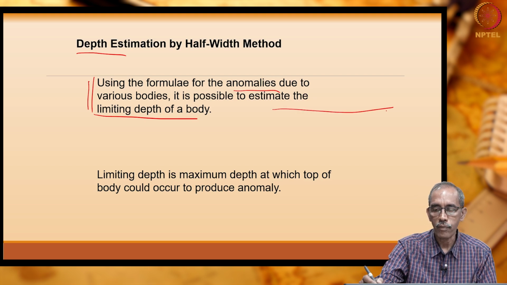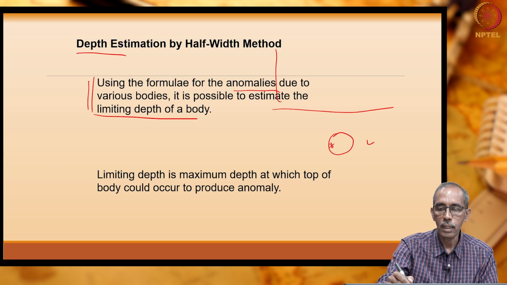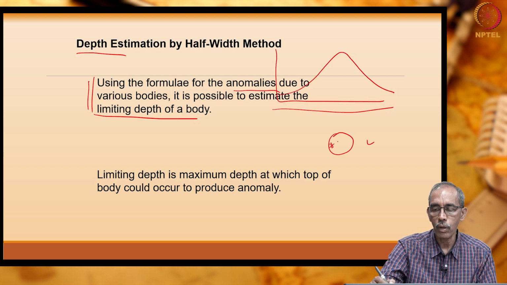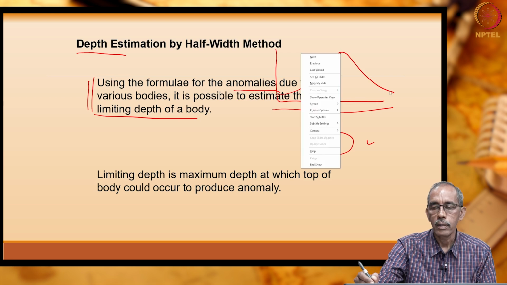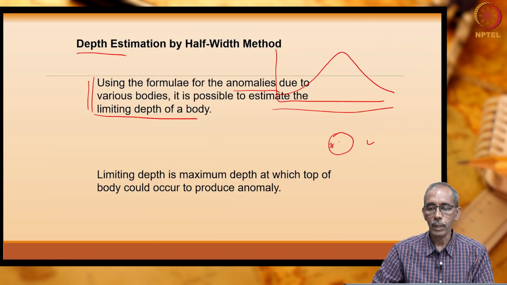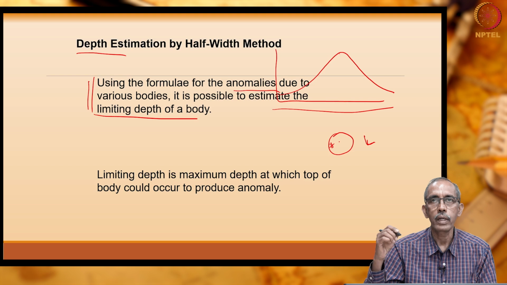So, this is the surface of the earth. There is a sphere here, which is having high density, and here we have low density. The gravity profile will be something like this, because over here the gravimeter will measure a higher reading. At the surrounding you will have lower values. Why? Because here the formation has got lower density.